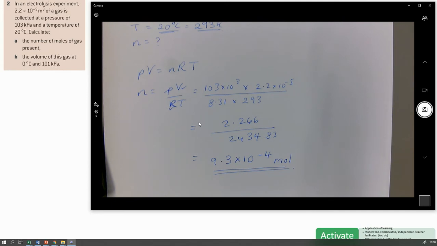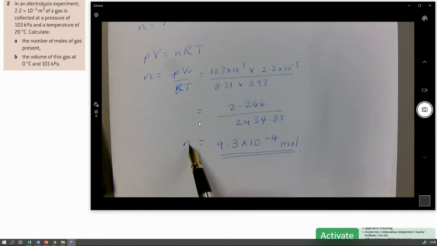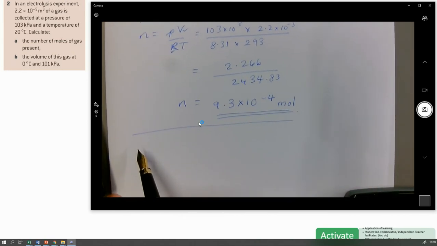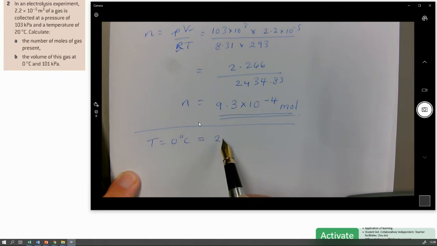The next bit, the volume of this gas at 0 degrees and 101 kilopascals. Okay. So we've actually got to carry this forward now to our next bit. This time, what do we know? We know that the temperature is 0 degrees C, which is 273 Kelvin. Okay.